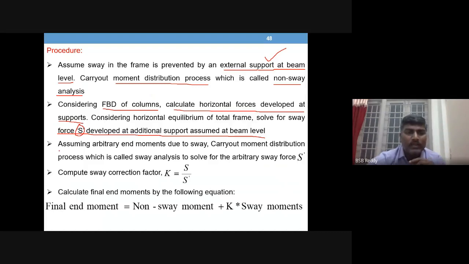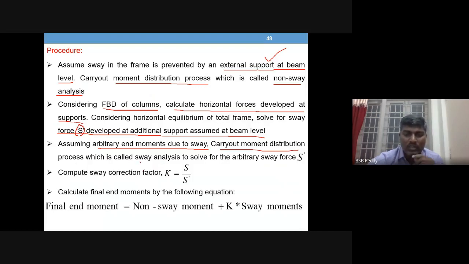Okay, then what? After finding S value, assume arbitrary end moments due to sway. So now you have to see that the frame is in sway, then assume some moments because of sway. There are some moments developed, so carry out moment distribution again.